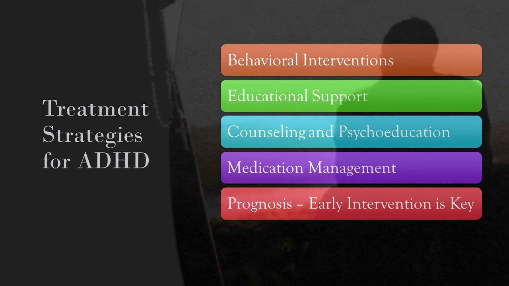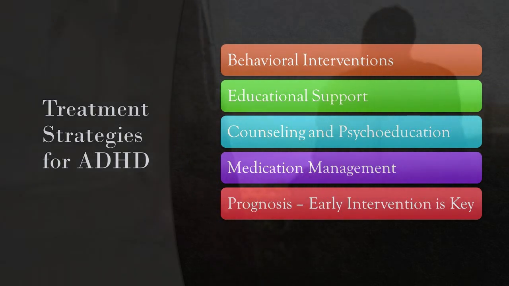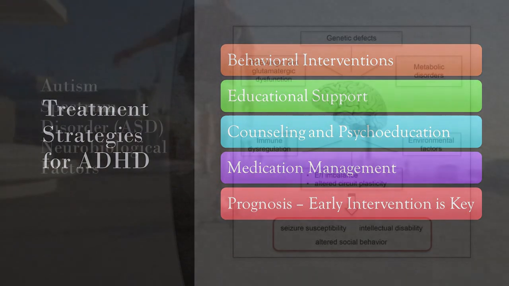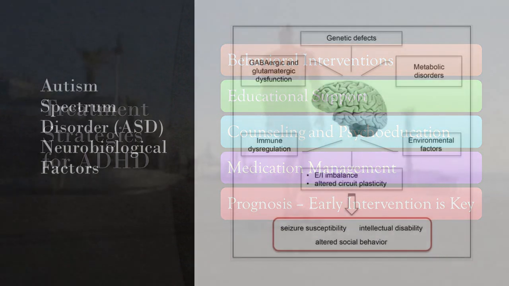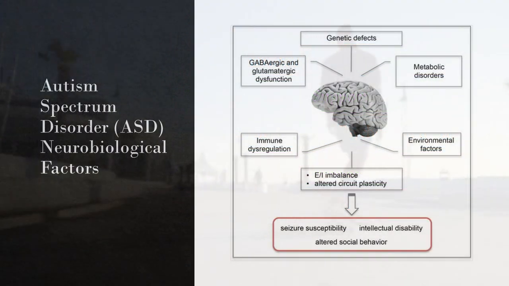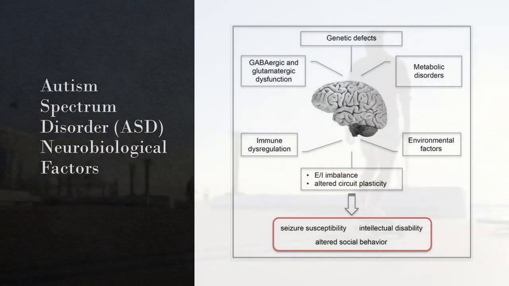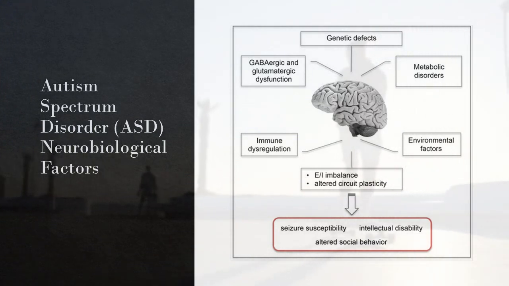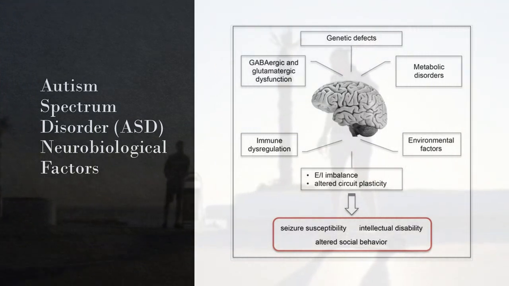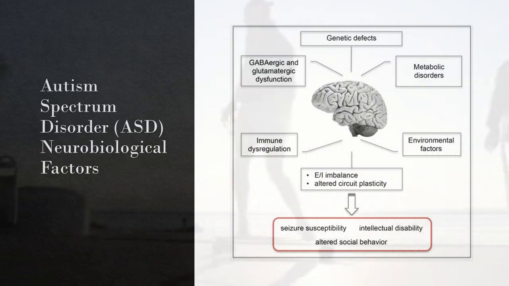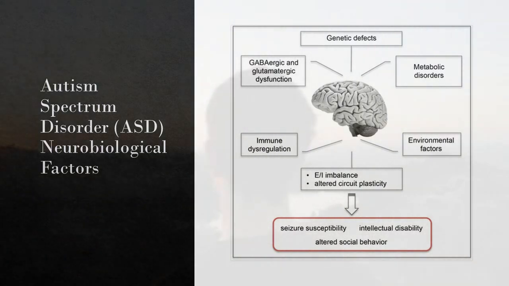So that is ADHD. Let's take a little bit of time now and shift gears and look at autism spectrum disorder. And I want to start off by looking a little bit at the genetic and neurobiological factors that contribute to the development of autism spectrum disorder. First off, we need to be mindful of the reality that there is heritability here.